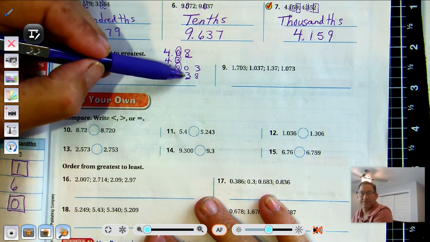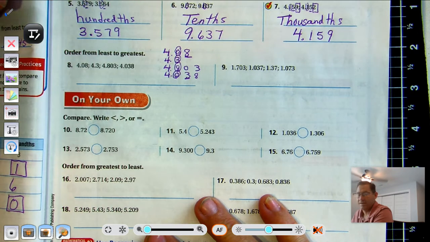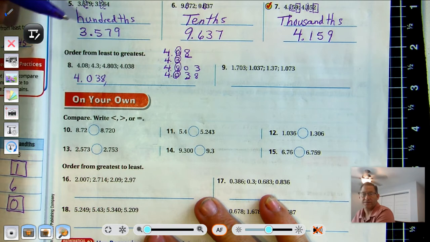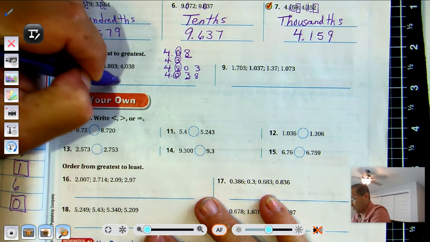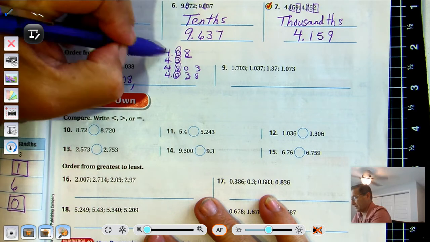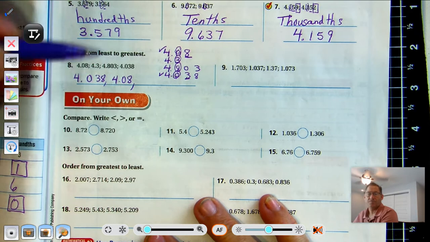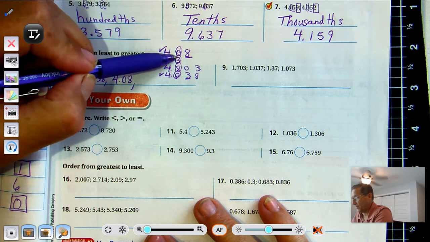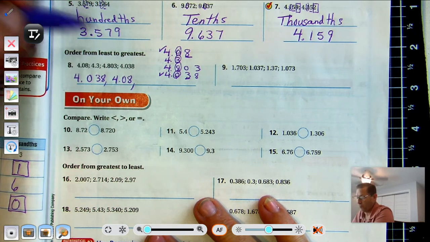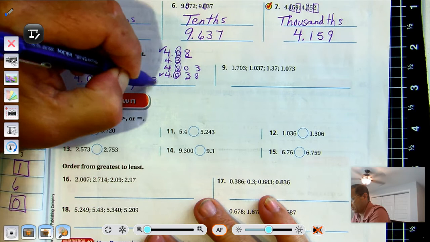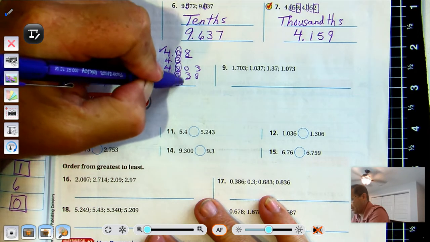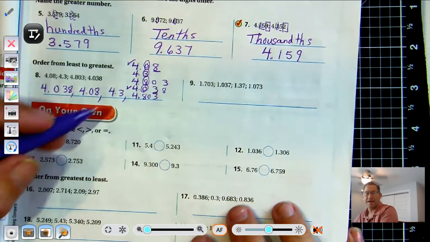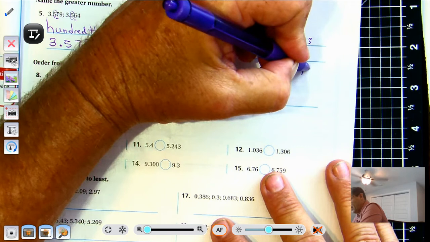So 8 is bigger than 3 hundredths. So the smallest number is 4 and 38 thousandths. The next smallest is 4.08. Okay, so we've used those two. Now, which one's smaller between 4.3 and 4.8? 4.3. So the largest number is 4 and 803 thousandths. Okay, number 9. Again, line them up.